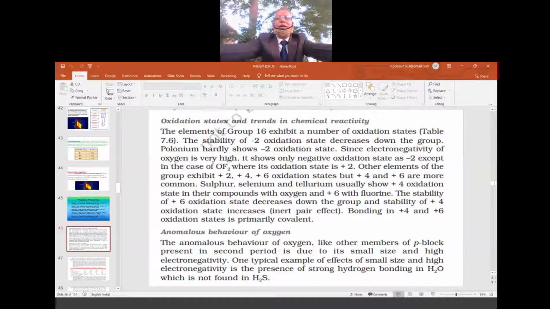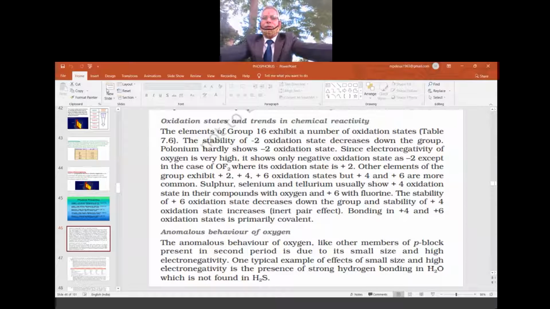Therefore, the compounds in the higher oxidation state, plus 6 more, plus 4 less, are covalent in nature, not ionic. They develop covalent character due to the high polarizing power of the high charge of group 16 members, especially from sulfur downward.